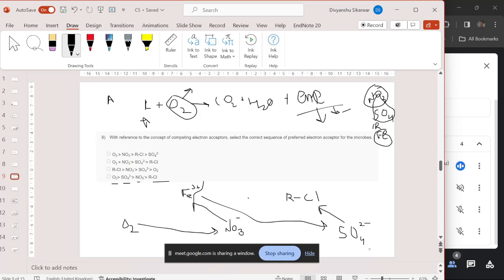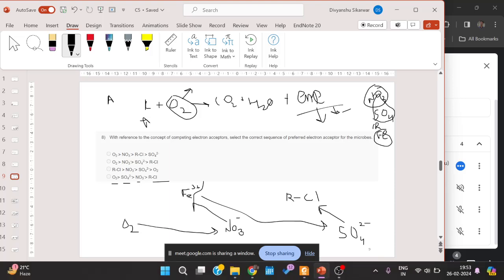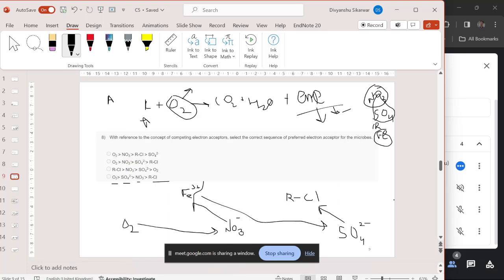Based on this option, what will be the answer? Second option. Yeah, second.